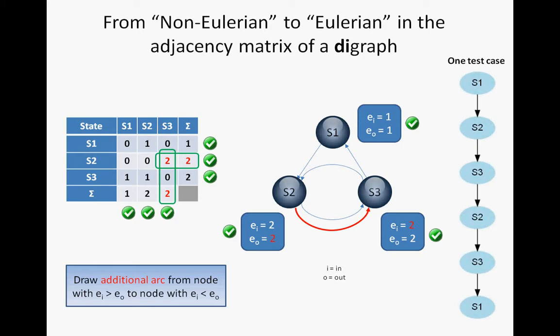Let's see this in detail on our state diagram. The way this single test case is designed is that we start at state S1, and the first test step or transition is from S1 to S2. The second transition goes from S2 to S3.